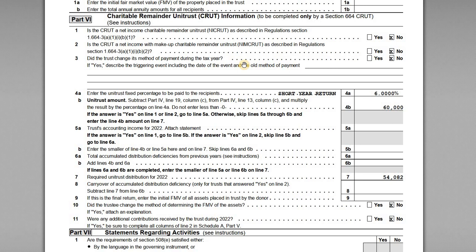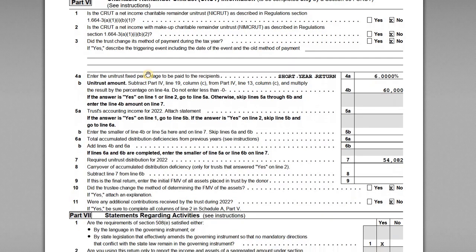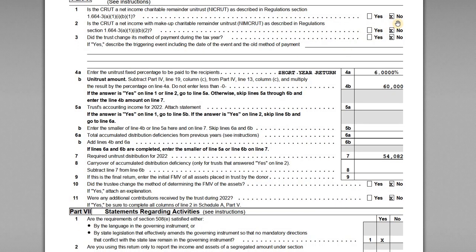Again, not going to go into too much detail for this video because we want to save that for another tutorial, right? Net income CRUTs and net income CRUTs with makeup provisions, so we'll talk about that in separate videos. But question 3, so both answers no there, right? We just have a standard CRUT, no net income limitations.